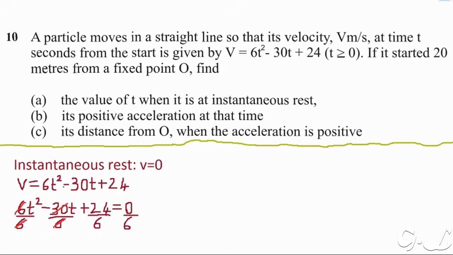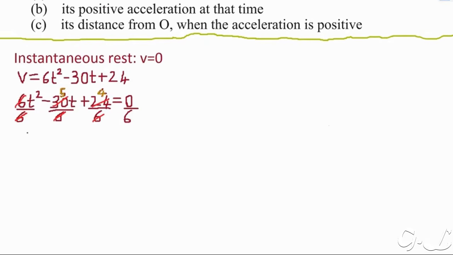When we do the calculations, the first part will just be t squared, minus 5t plus, when we divide there again, it will be 4, and then it is equal to 0. So it will be like t squared minus 5t plus 4 is equal to 0.